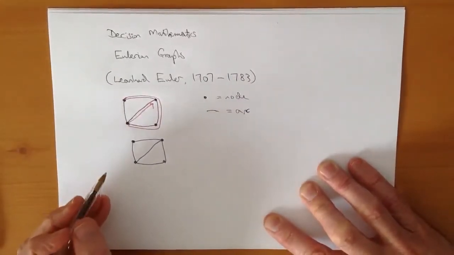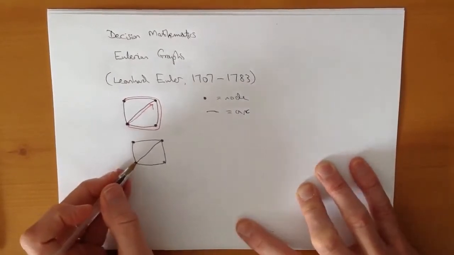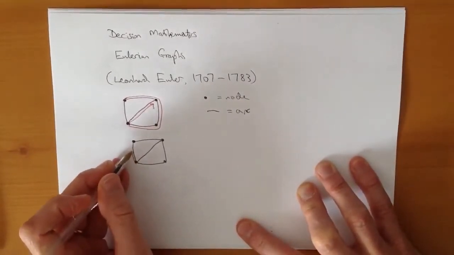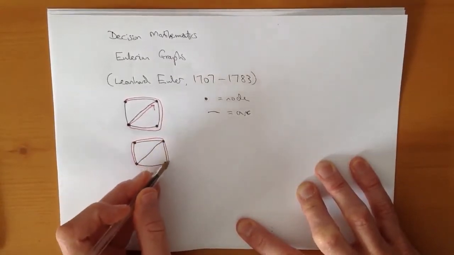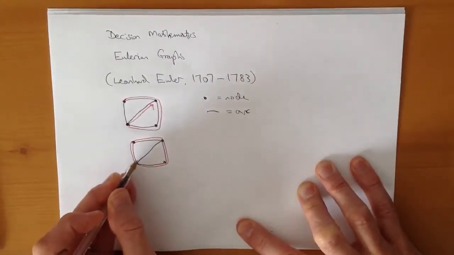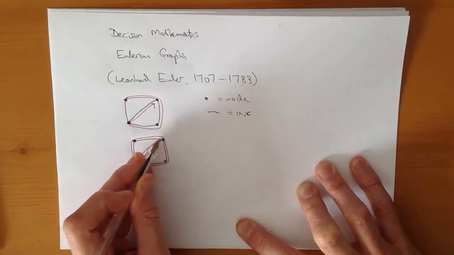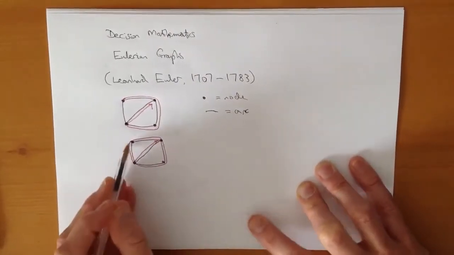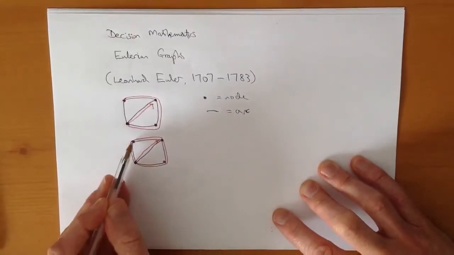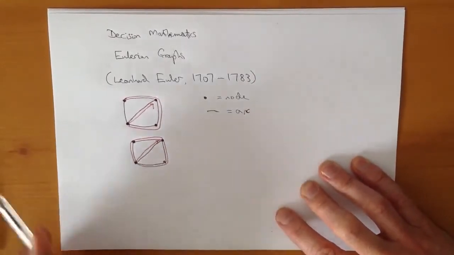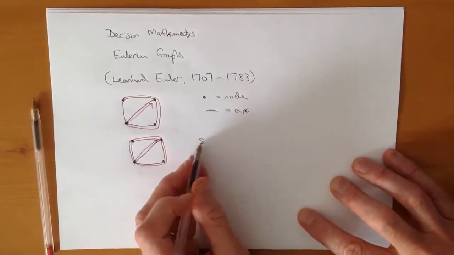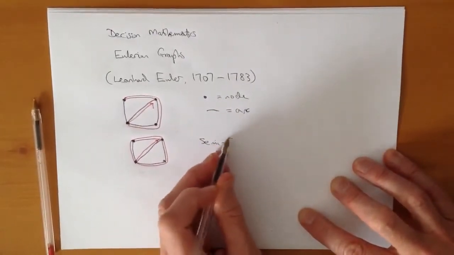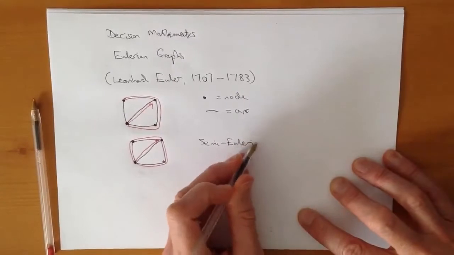Okay, and the key really is if we start here and we go around the edge like this, keep going all the way around the edge, and then finally we go across the middle last, so we end up at this node over here, and we've gone all the way around the graph. We've used each arc once. We haven't ended up where we started from. So this is what Euler called a semi-Eulerian graph.